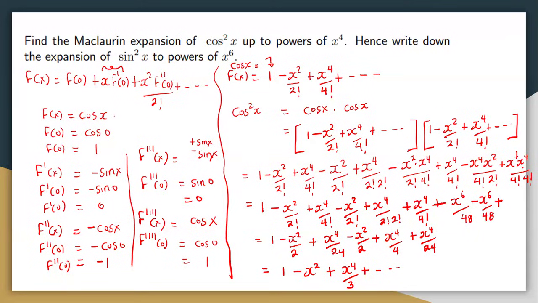Then plus, this last one was x power 8 out of 4 factorial times 4 factorial, which is 576. Now, on this next step, negative 148 minus 148, you end up with 24.